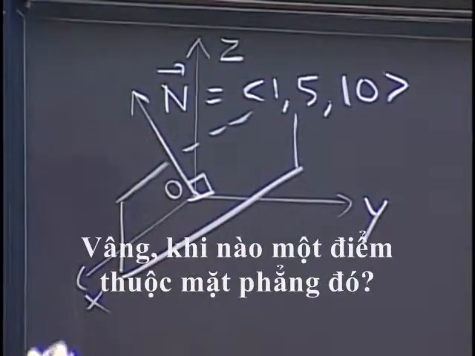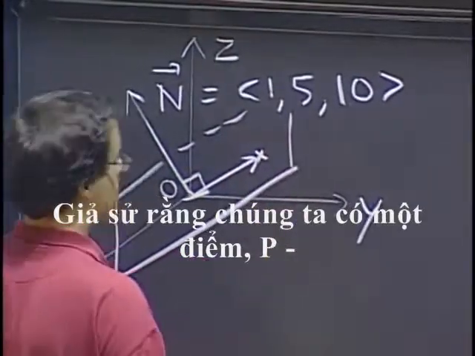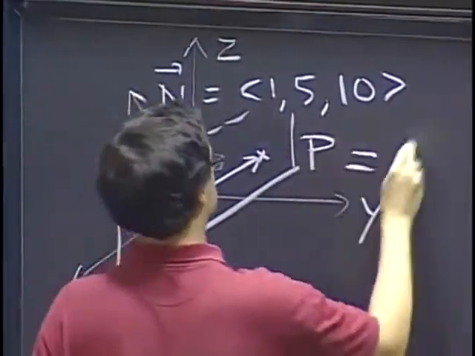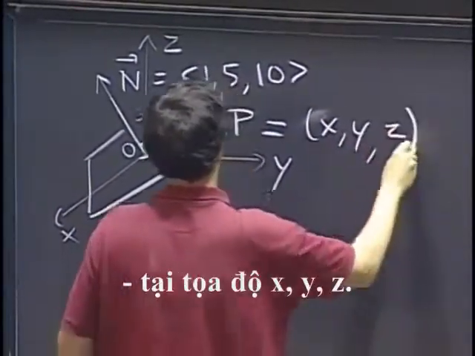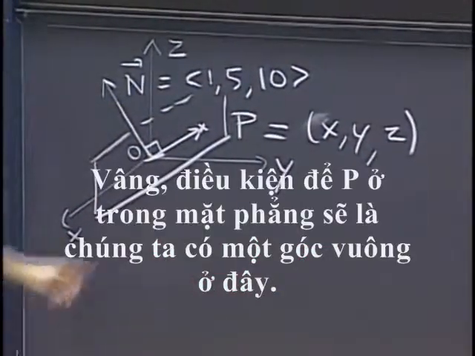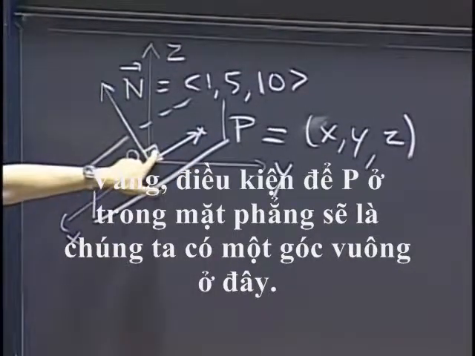Well, when is a point in that plane? Let's say we have a point P at coordinates x, y, z. The condition for P to be in the plane should be that we have a right angle here.